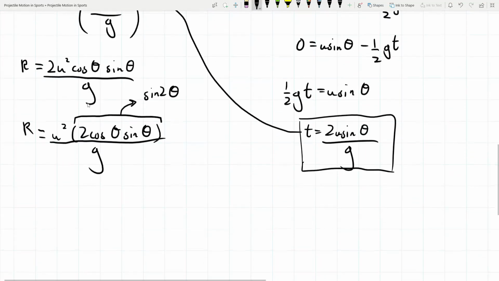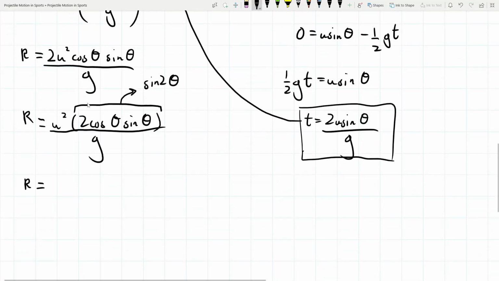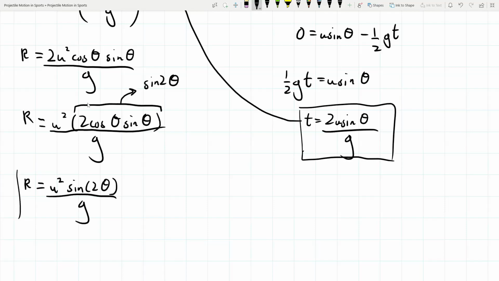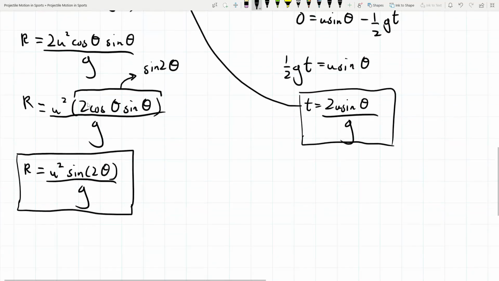So we can replace that with sin of 2 theta, and we get R equals u squared sin of 2 theta over g. So here is a simplified equation for the range, and we have u, and we have the angle theta. So we're going to look at u first.